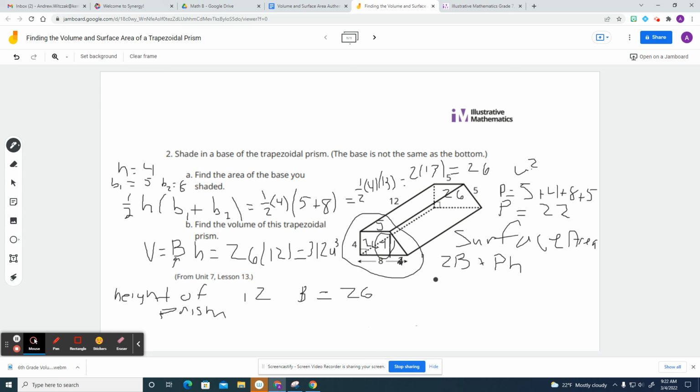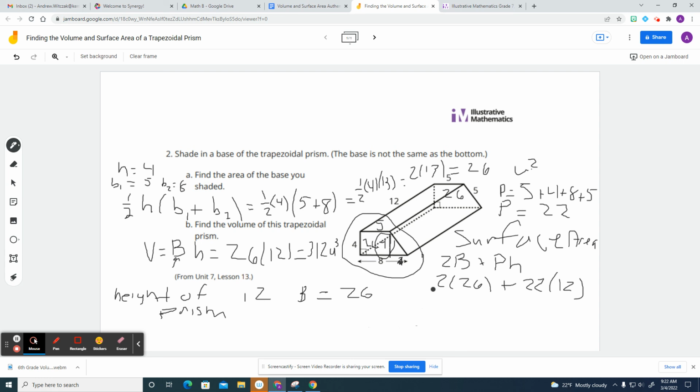So now we can plug in our numbers. 2 times the area of the base is 26, so we go 2 times 26 plus our perimeter, which we solved as 22, times the overall height of the prism, which is 12.